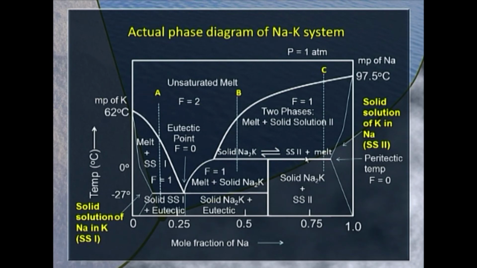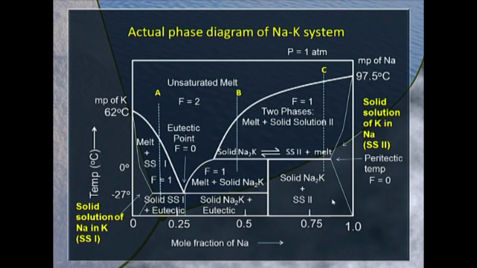When we try to cool the system, cooling and decrease in temperature can take place only when one of the phases disappears. In this case, the molten mass gets completely solidified because of the shift in the equilibrium of this reaction, and we are left with two solids, solid Na2K and solid solution 2.